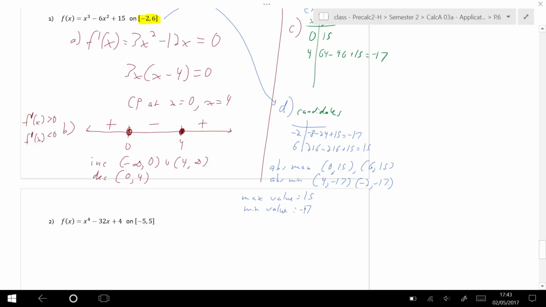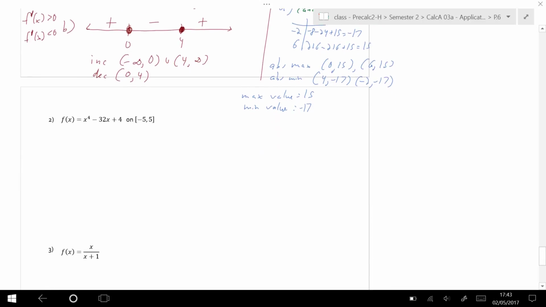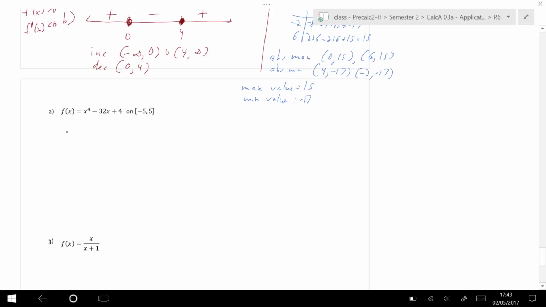So let's move on to a few more. Number 2, I'm looking at taking a first derivative. f prime of x is equal to 4x cubed minus 32. If I factor a 4 out, I get x cubed minus 8, which I can keep factoring into x minus 2 and x squared plus 2x plus 4, because it's a difference of cubes.